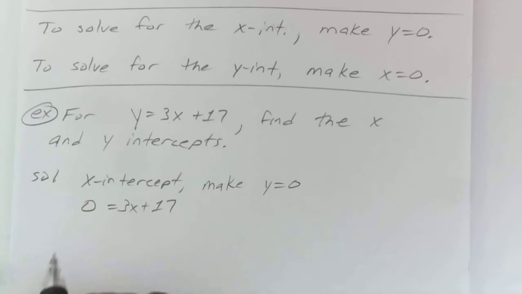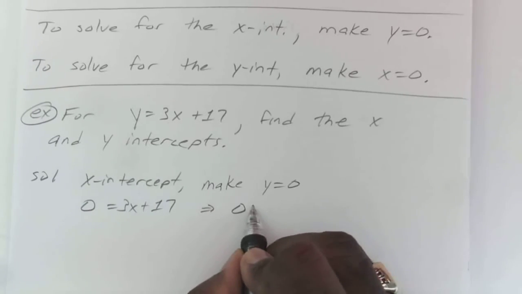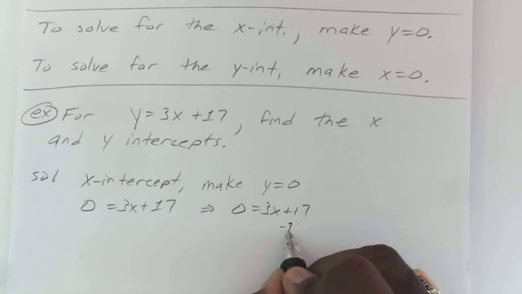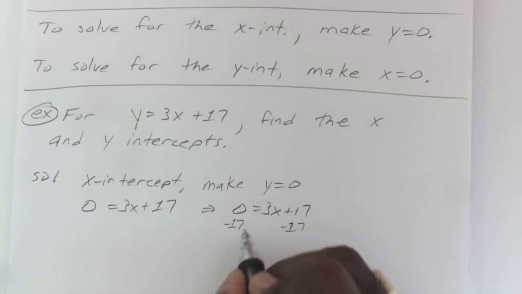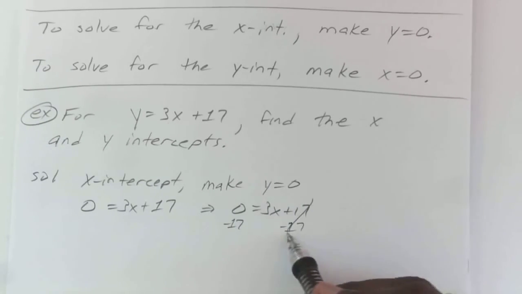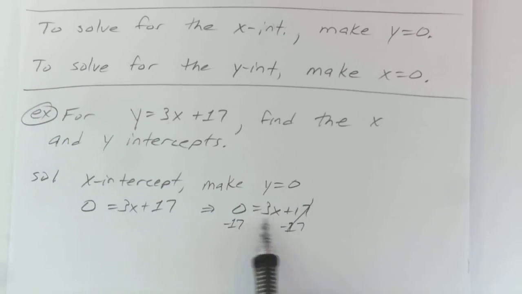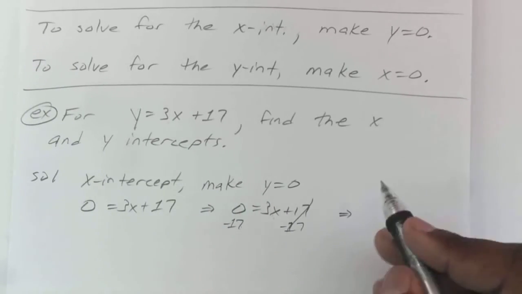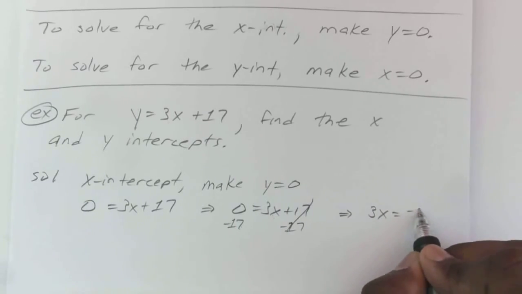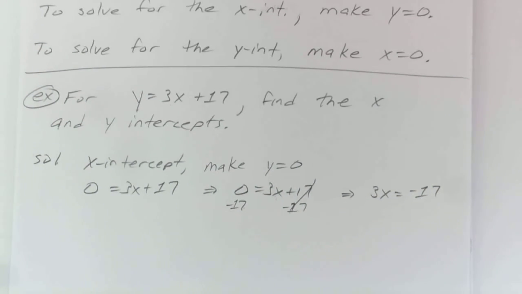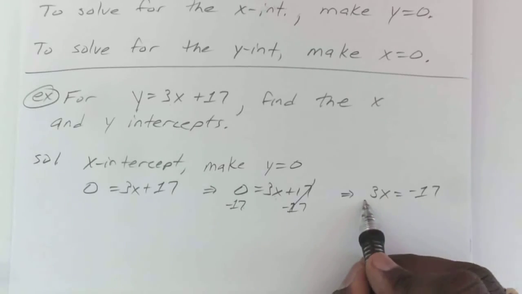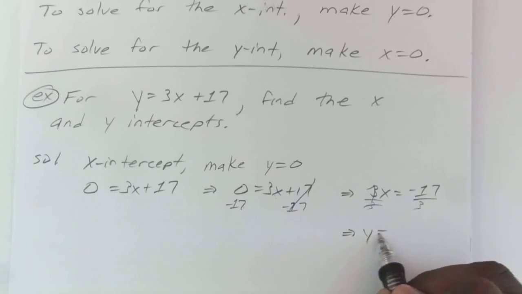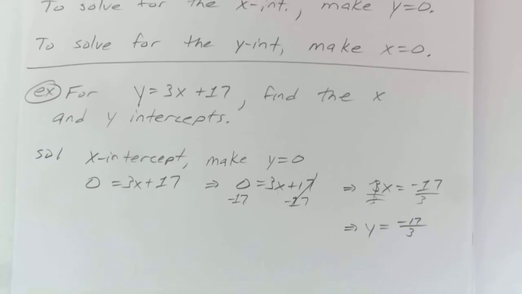If we subtract 17 from both sides of the equal sign, that means 3x is equal to 0 minus 17, or 3x is equal to negative 17. Now if we divide both sides by 3, that means x is equal to negative 17 over 3.